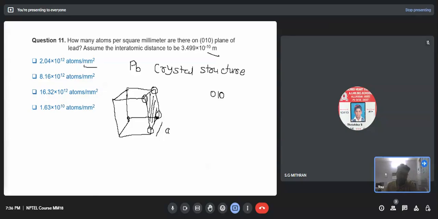So the formula for this is again an example of planar density. How many atoms per square millimeter means it is asking for density only. So it is a planar density.